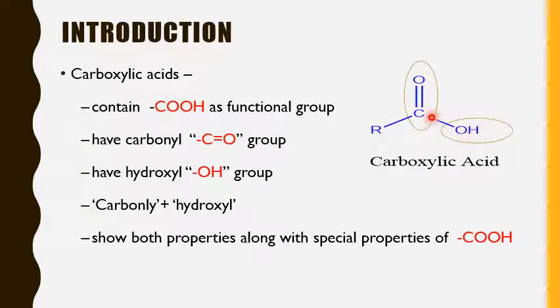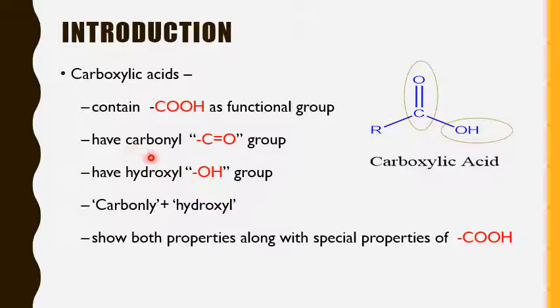That's why when we go for the chemical properties of carboxylic acid, we will be learning three types: one for the CO group, one for the COOH group, and also for the OH group. So the carboxylic acids contain two types of functional group, CO and OH, and both give COOH, whose properties are different from the properties of carbonyl as well as hydroxyl.